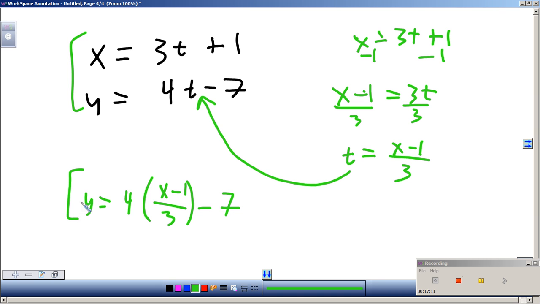Wait, so that's the answer, that y equals... Yep, right here. It's probably better to write it as y equals 4x over 3 minus 4 over 3 minus 7. Let's combine these. 7 times 3 is 21, so minus 25/3.